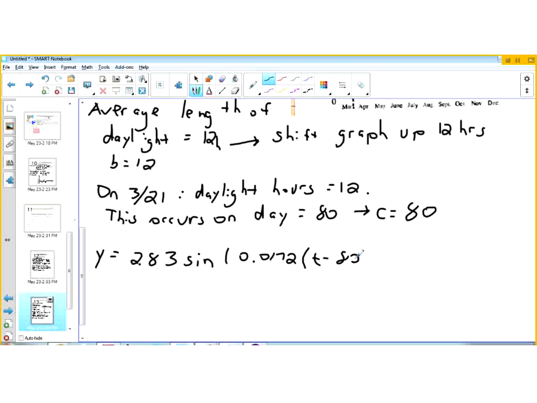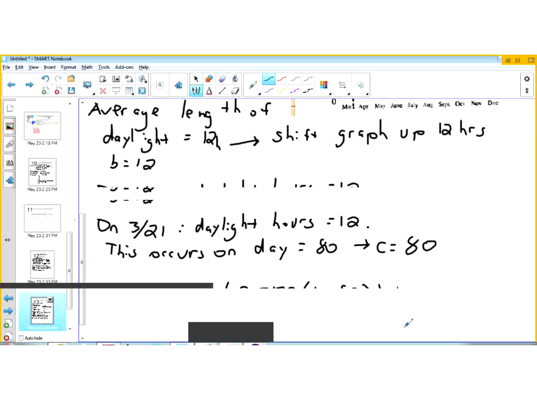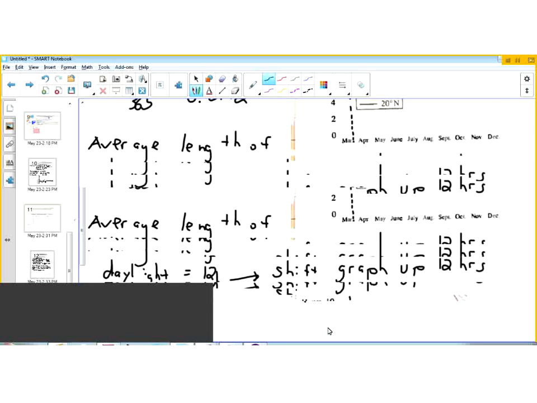The average value occurs at day 80. And then we add our 12 because that's our average value. All right, so is that all I want to do? Okay.